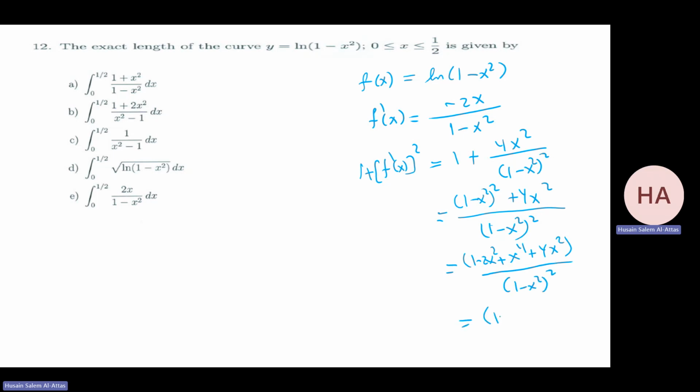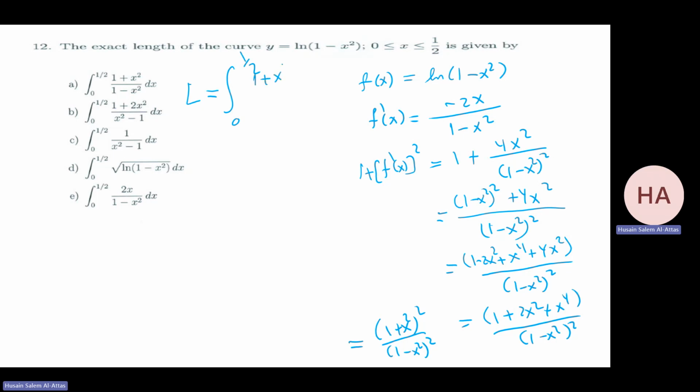And that is 1 plus 2x squared plus x to the power 4, which is 1 plus x squared, all squared over 1 minus x squared, all squared. Okay, so what is the L? The integral from 0 to half, square root of this, which is 1 plus x squared over 1 minus x squared dx.